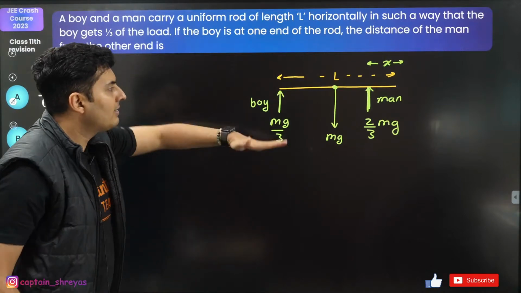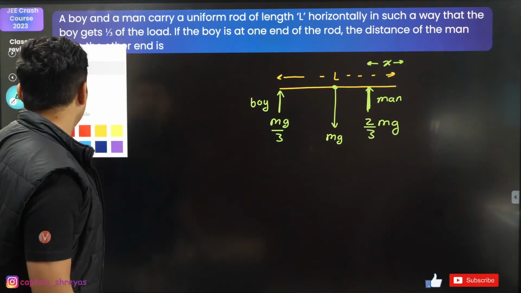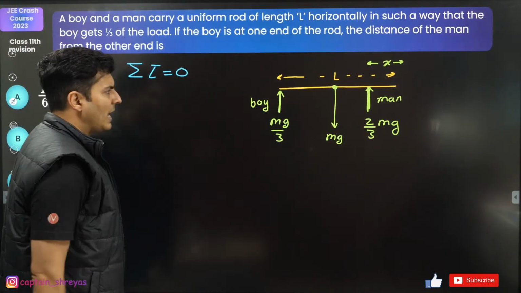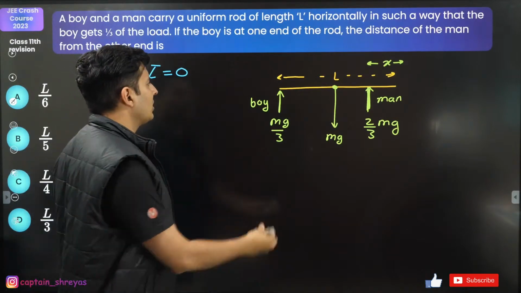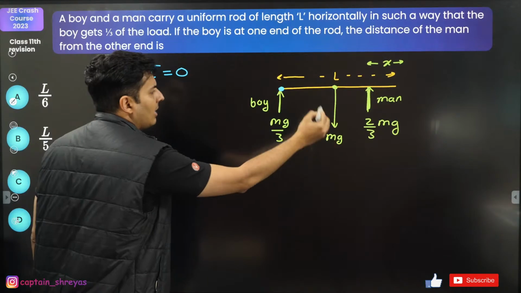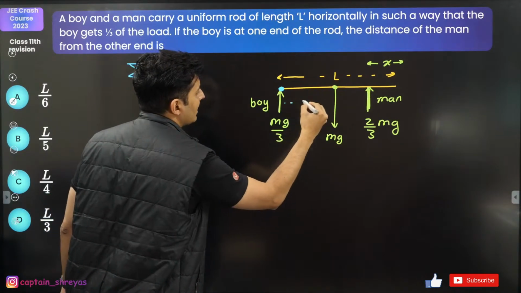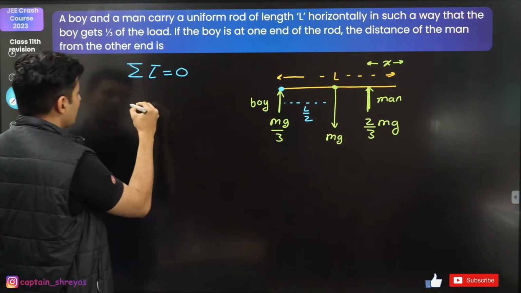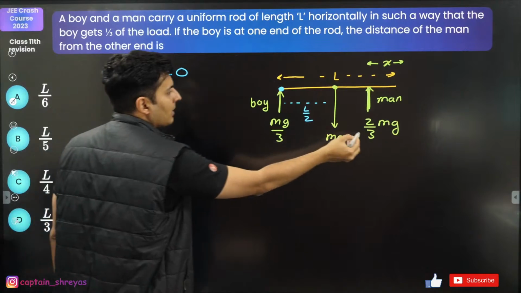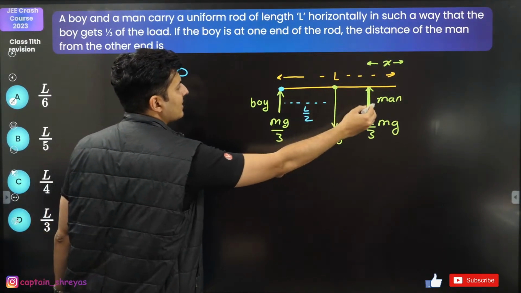Now this entire thing is in equilibrium, so balance the torque. The net torque will be 0 because everything is balanced. At which point do you want to take the torque? Take the torque about this point. So this force will not give any torque. mg will give clockwise torque. This distance is basically L/2, so L/2 into mg clockwise. This torque will be negative. So minus, what is this entire distance?